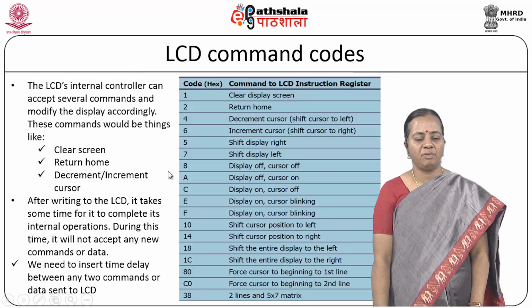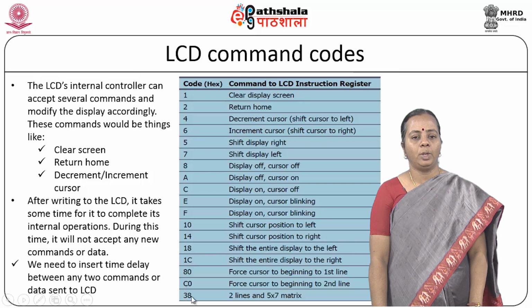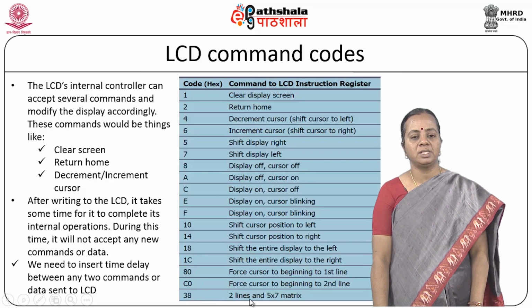The commands are given as data to the LCD. I can send a hex code of 38 to the LCD, which indicates that the display is of 2 lines and a 5 by 7 matrix display is initiated. If I send a hex code of 8, it means display off and cursor off.